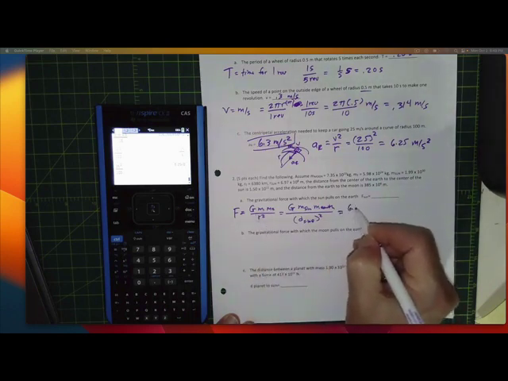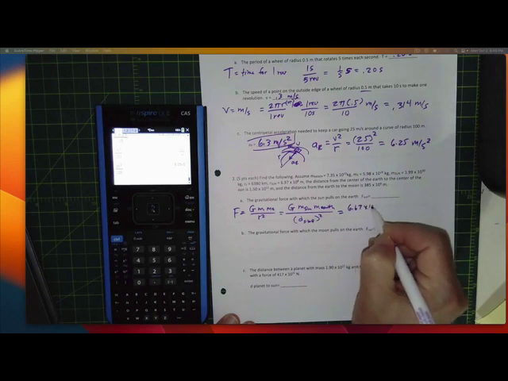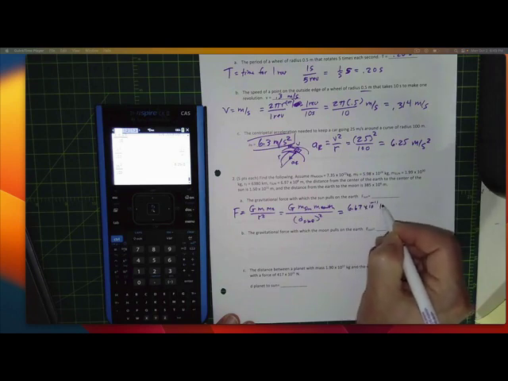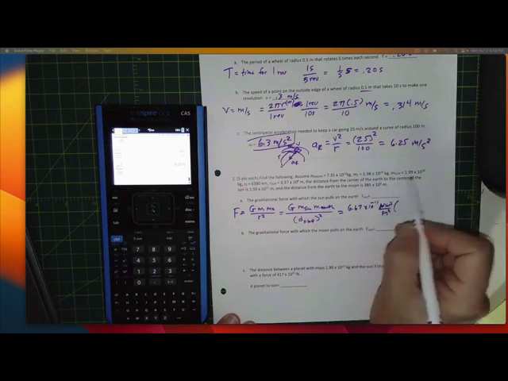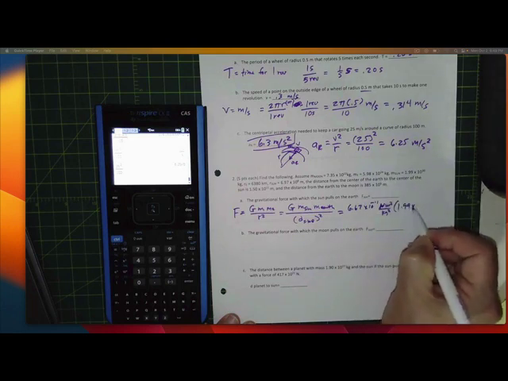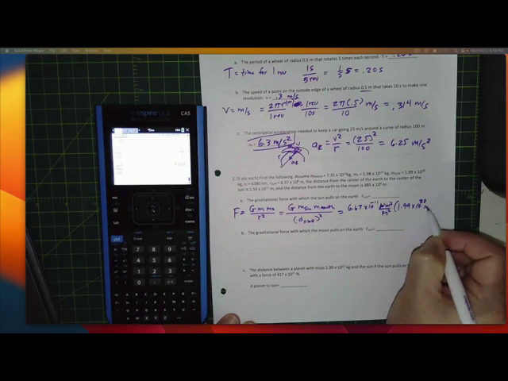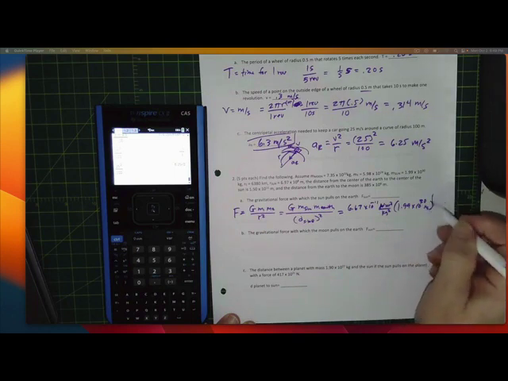So we got G, 6.67 times 10 to the negative 11. What is it? Newton meters squared per kilogram squared, I think. And then mass of the sun, 1.99 times 10 to the 30 kilograms. My fat marker, I'm running out of room here.